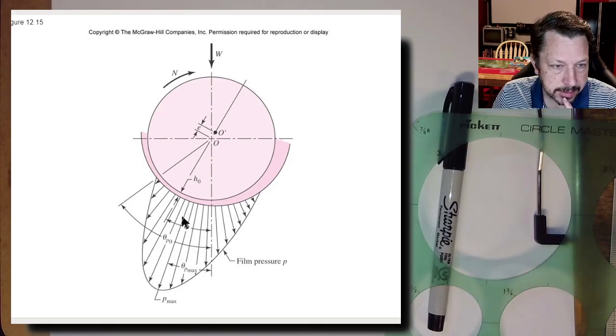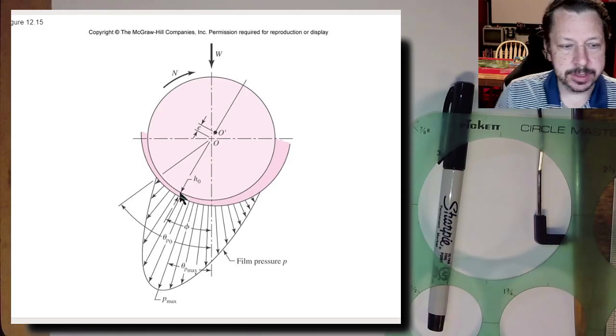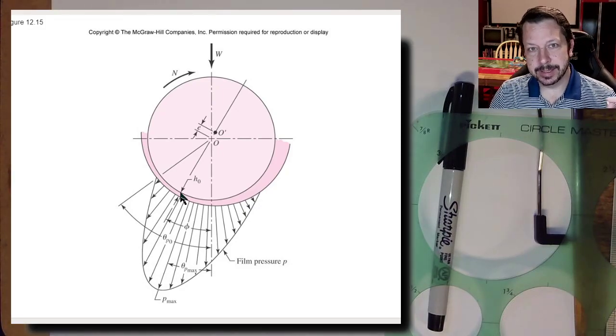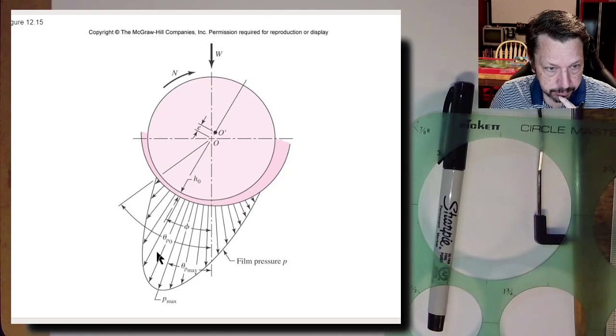Also notice that the minimum film thickness is not exactly where the maximum pressure is. The maximum pressure's over here a little bit. So they're not exactly at the same point. Just because that's the minimum film thickness does not make that the maximum pressure in the fluid. Let's see what else is labeled on here. Well, this angle.